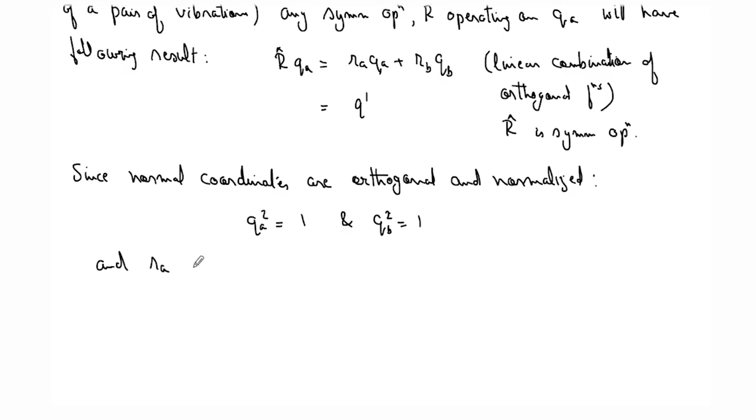And then my RA and RB are so chosen that Q prime square is also equal to 1, because this also has to be normalized, right? This is the normalization condition. So Qi square is also 1. So that means whatever is the value of Qi, if I'm operating a symmetry operation onto Q prime, and I square this, I will always get 1, right?